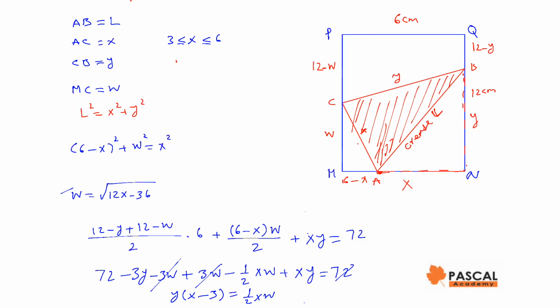This can be written as the addition of the area of trapezoid PQBC, which is (12 minus Y plus 12 minus W) divided by 2 times 6, plus area of triangle AMC, which is (6 minus X) times W divided by 2, plus area of triangle ABC times 2.